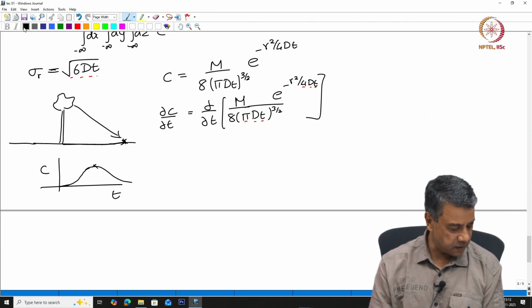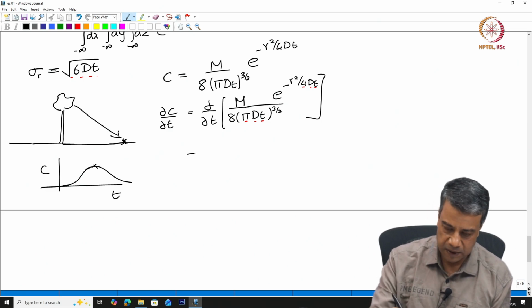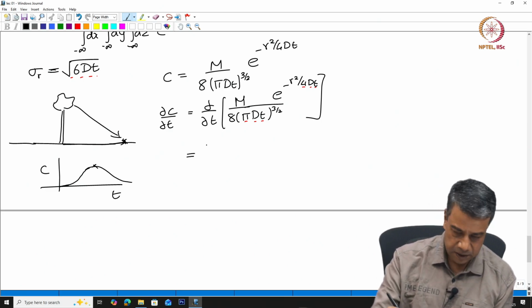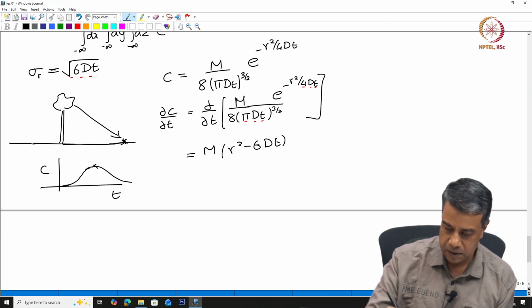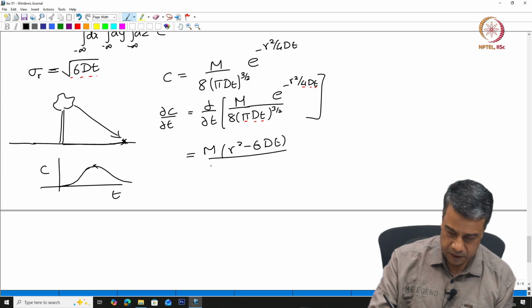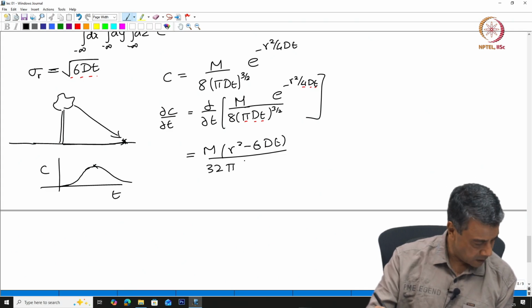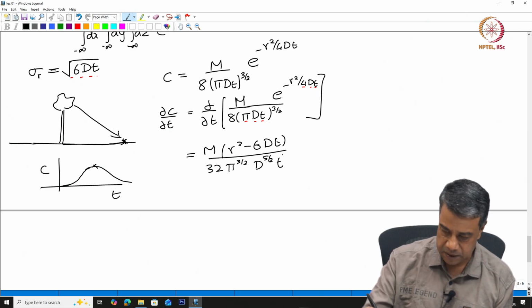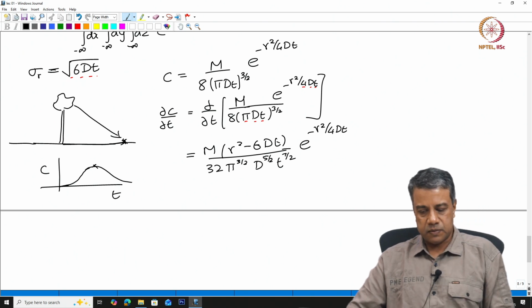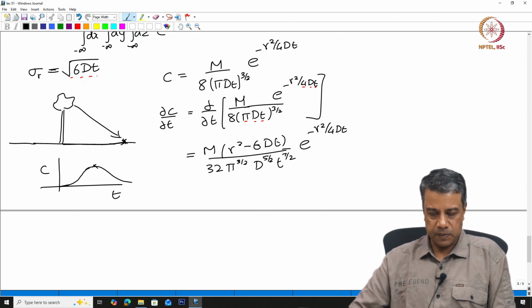What you will get after differentiating is m into r square minus 6Dt, divided by 32 pi to the 3 halves D to the 5 halves times t to the power 7 by 2, e to the power minus r square by 4Dt. That is what you get by differentiating.